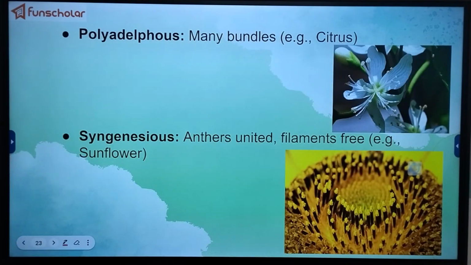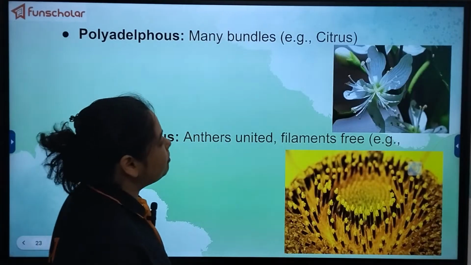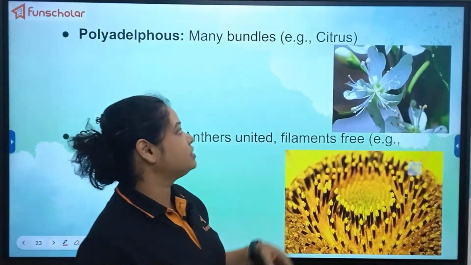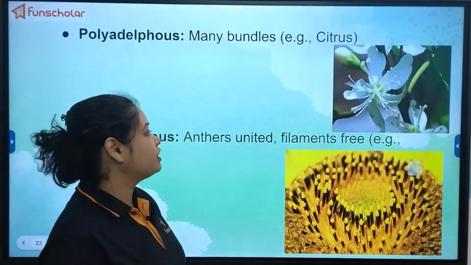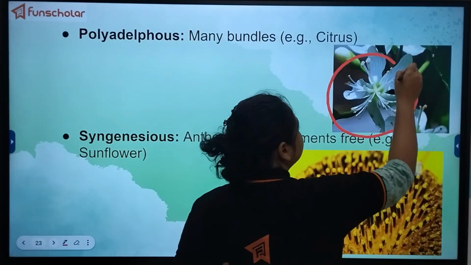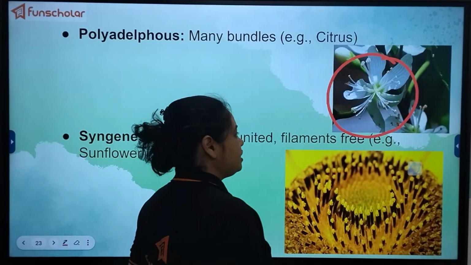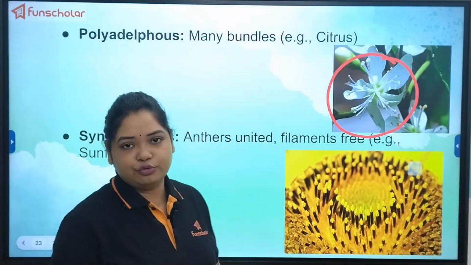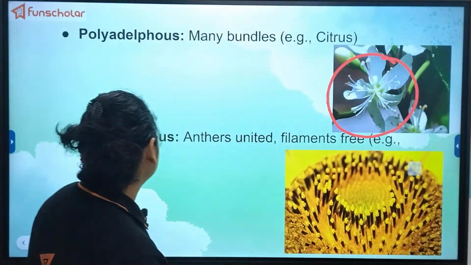Now polyadelphous, in this many bundles are formed. That is seen in case of citrus fruits. So you can see here that so many bundles are formed by the group of stamens. So the different groups remain together to form many bundles.